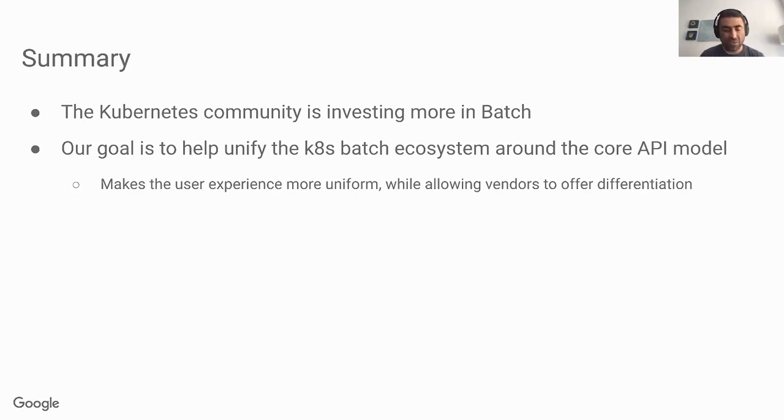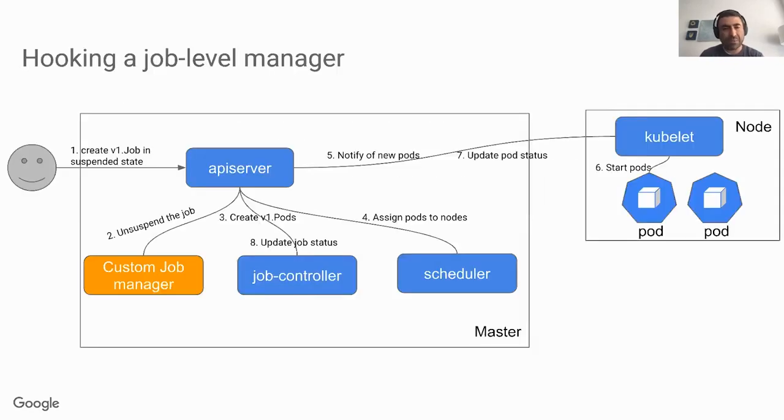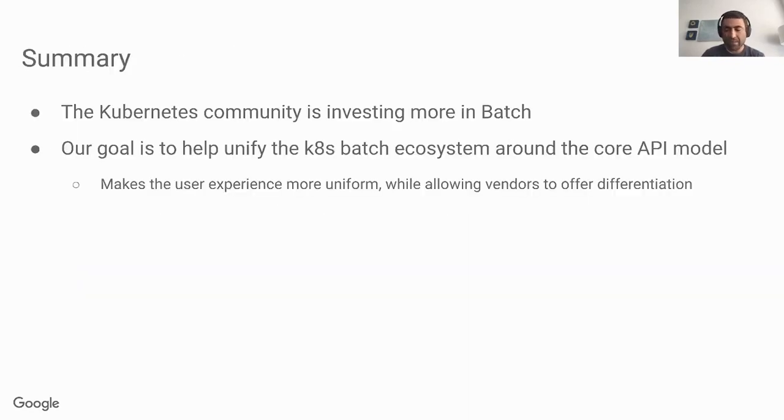They can start from a simple experience using the core features that Kubernetes supports, and then they can easily have a ramp to a more complex setup. And by that, this is the end of my talk, and I can take some questions.